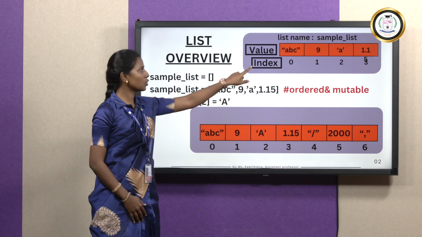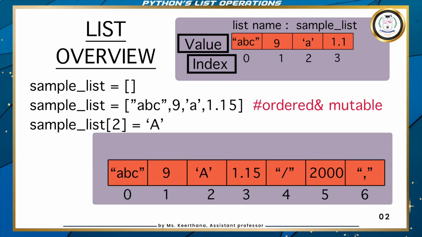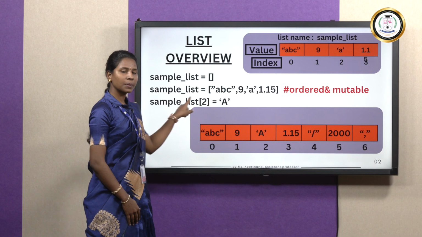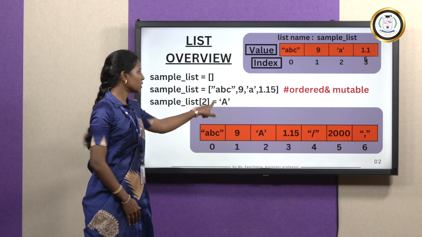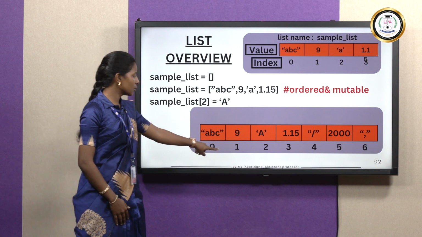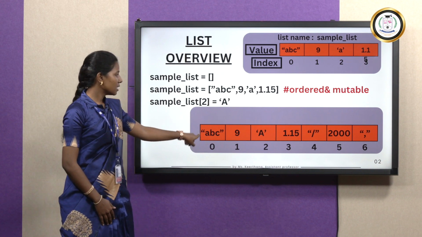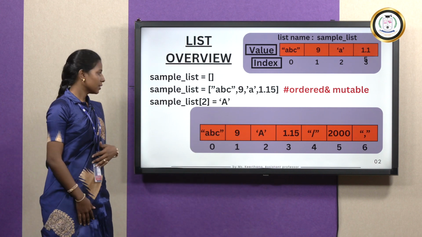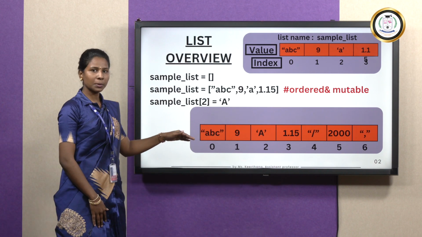The index of a is 2, so I mention 2 here: the variable sample list, followed by square brackets with the index value, and we assign the new value, uppercase A, to index 2. After doing so, we can see the result: the second index value has now changed to capital A. This is how we work with a list.